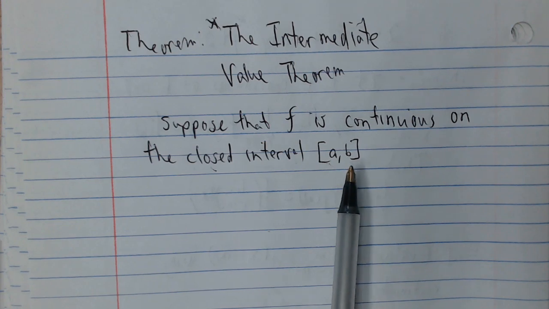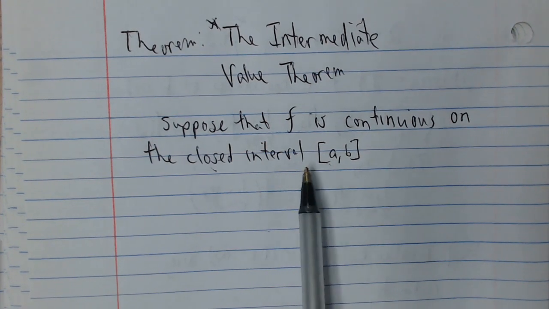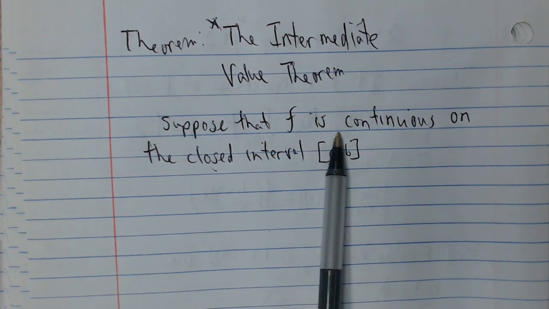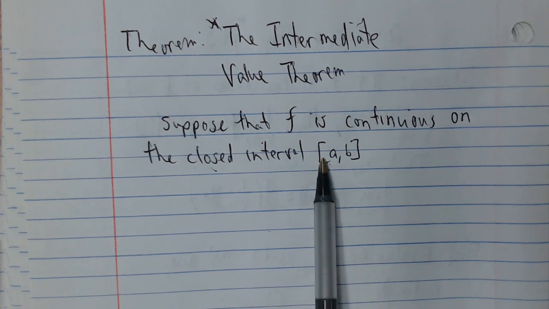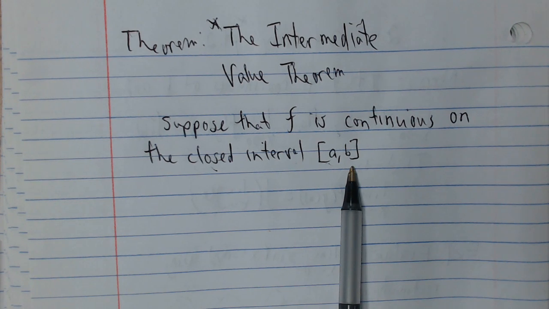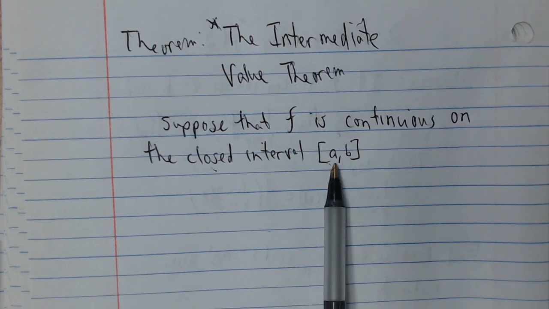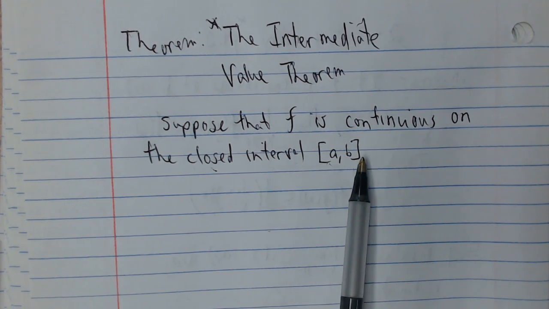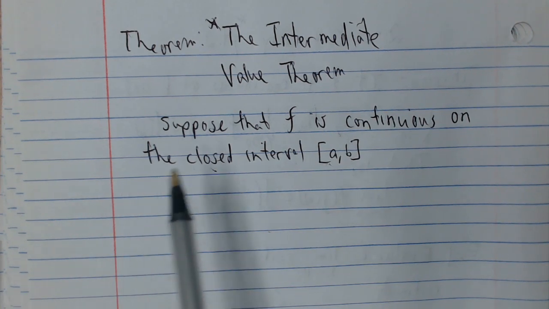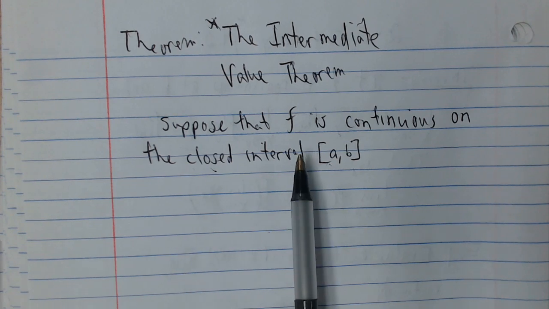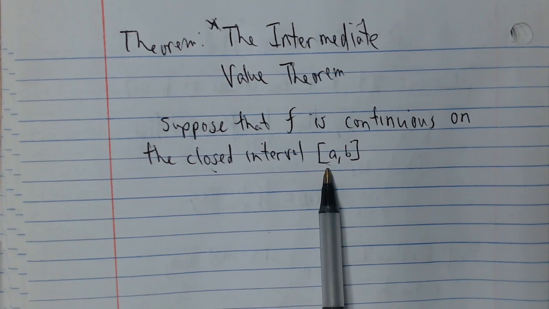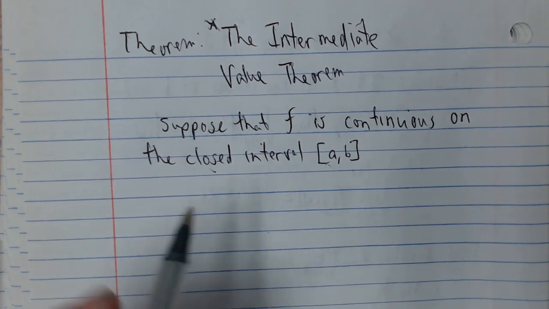The semantics, or the language here, is very, very important. If I don't have a closed interval, if I just say it's continuous on an open interval, that's going to be a big problem. And I'll show you what would happen if we ignore the fact that it has to be a closed interval. So remember, if you're using the intermediate value theorem, the first thing you need to do is check, or show, that it's continuous on the closed interval.